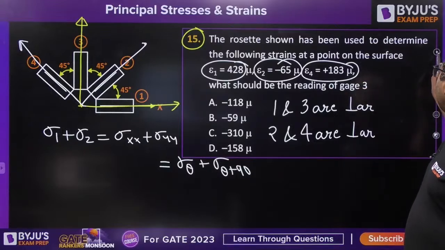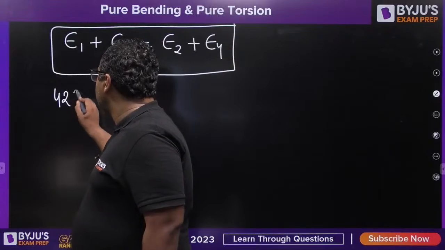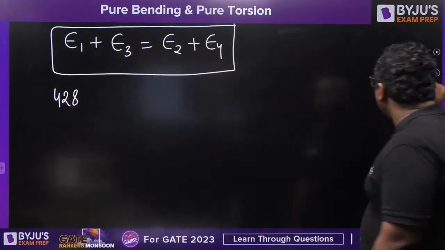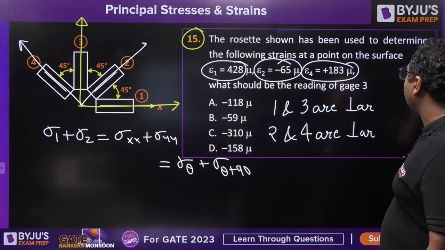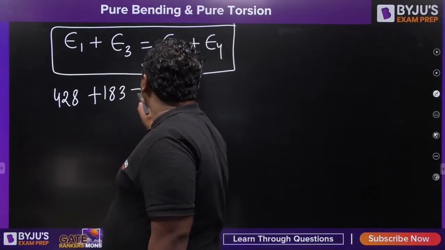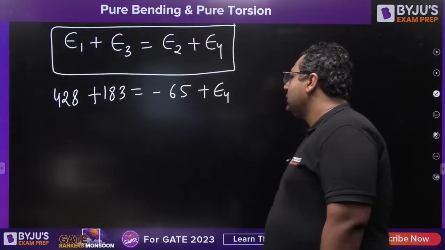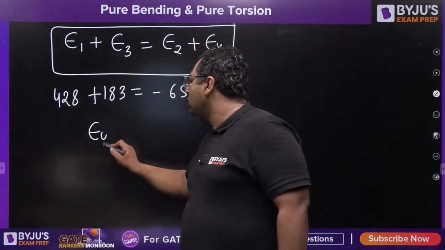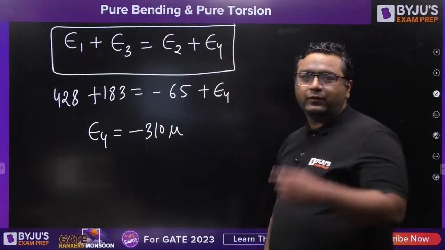Just put the values: 428 plus epsilon 3 equals minus 65 plus epsilon 4. So epsilon 4 is 310 microns.